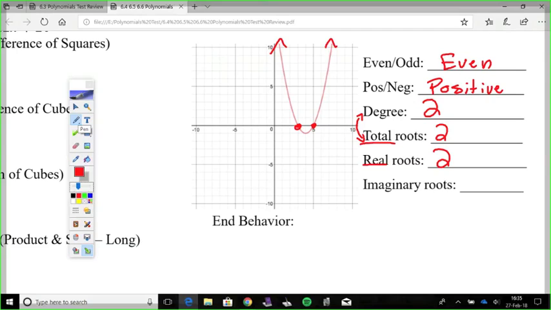The end behavior is about which direction the graph is going. So it's even and positive. So let's take a look at the graph. As you move towards the left, and I understand that the function is completely on the right side, that's not the part that matters. The part that matters is just the direction. So for the left side of the graph, as the graph moves left, that's talking about as the x is going towards negative infinity.